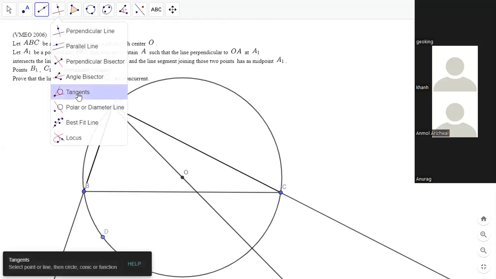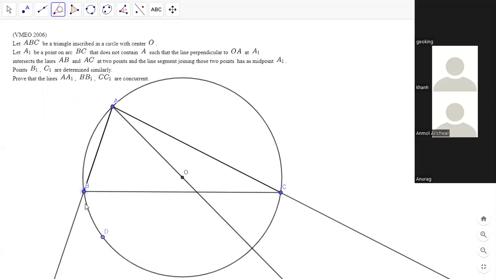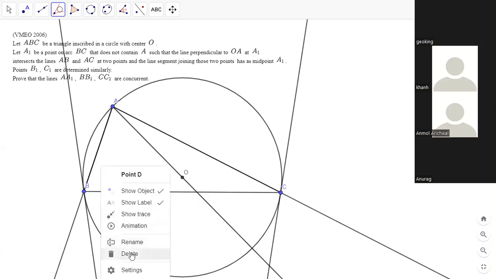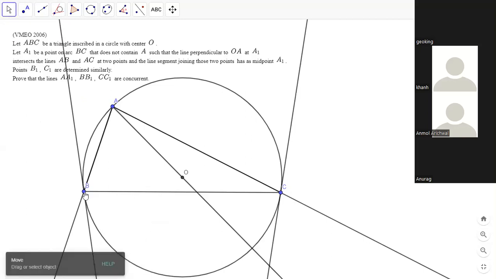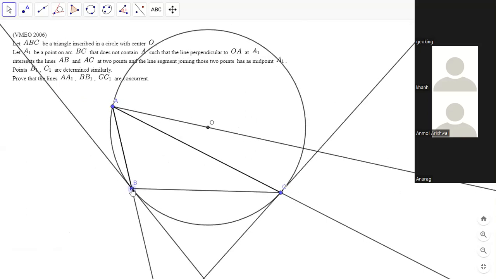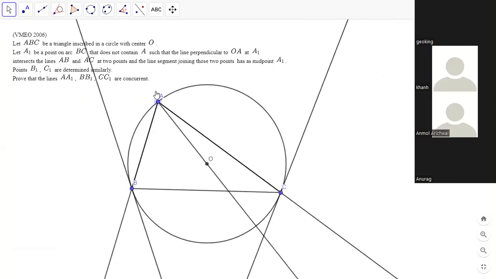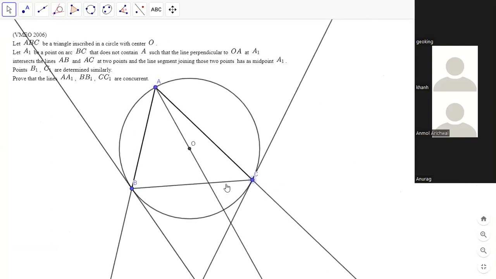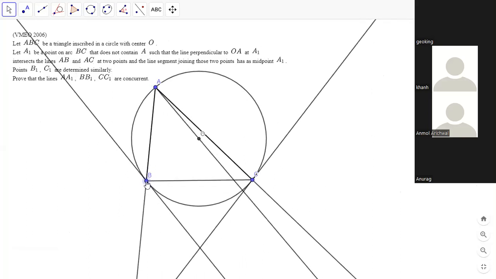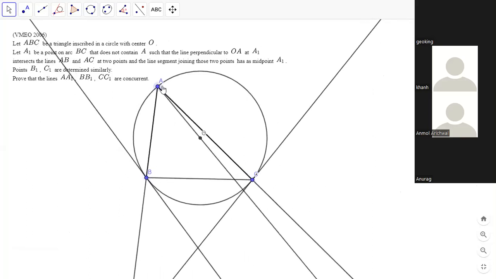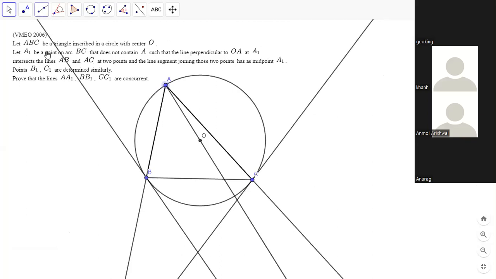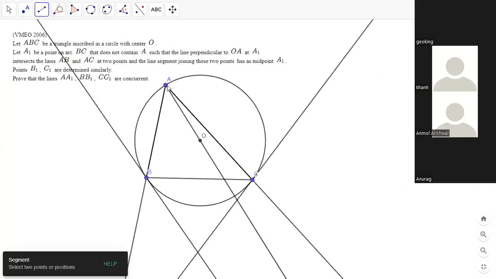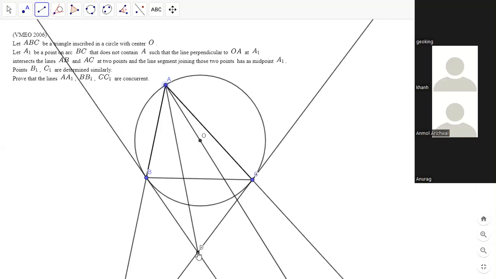Okay. So let me draw the tangents. You should move point A because the tangent is going to be like at infinity. Okay. Oh yeah, I think I actually did this like in the proof of the symmedian theorem.